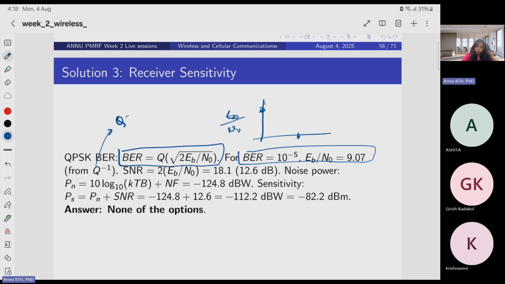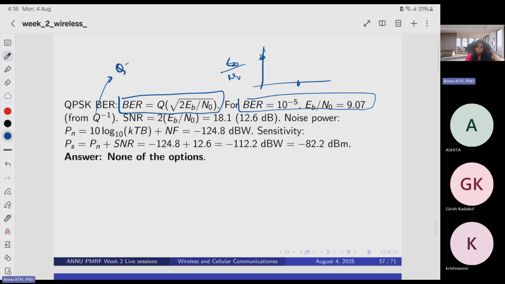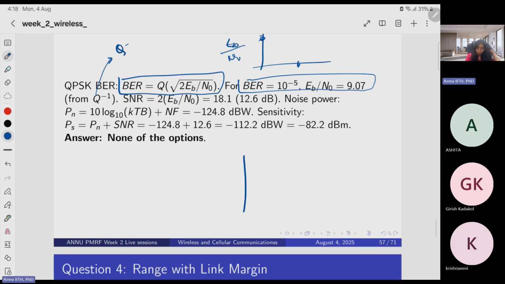It is the tail distribution of the normal Gaussian. I'll tell you how to remember this, because you often get confused. We are having a Gaussian function. What is that?